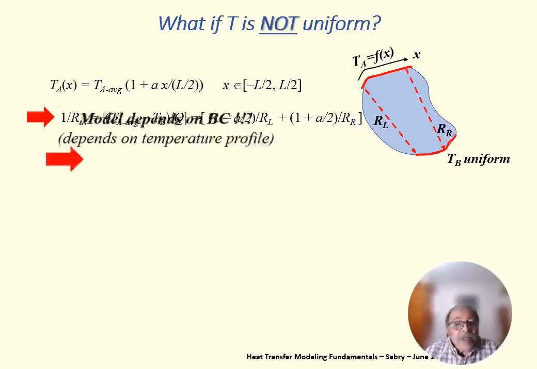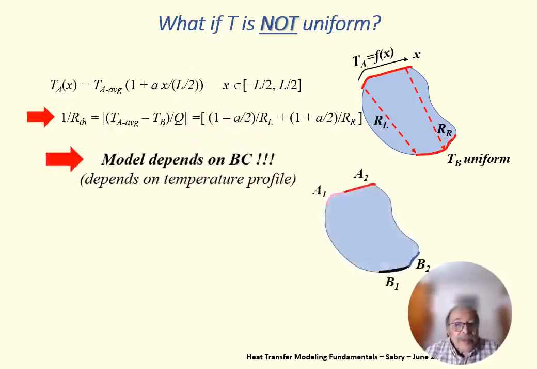Now, another approach is to subdivide the thermal port A into A1 and A2, assuming that on each subdivision we have almost a uniform temperature. The same for B, which can be divided into B1 and B2.